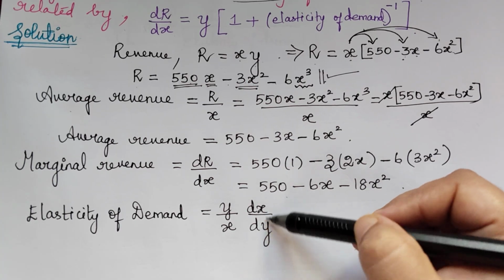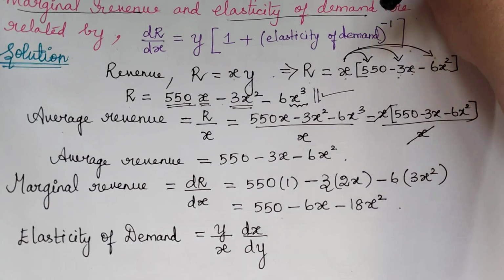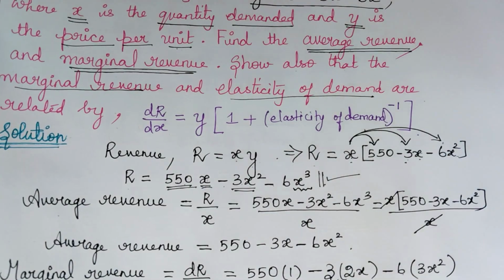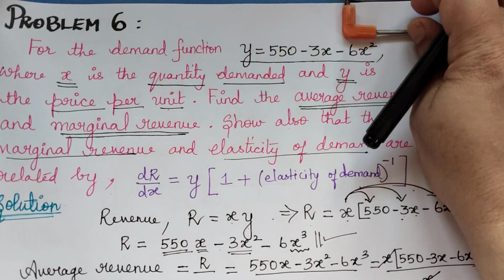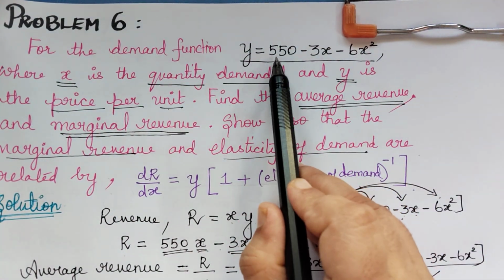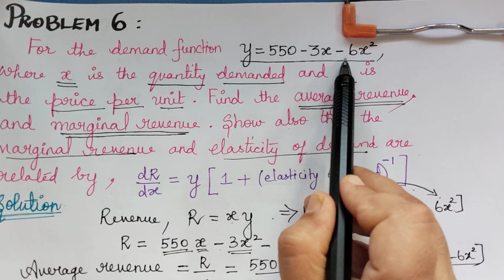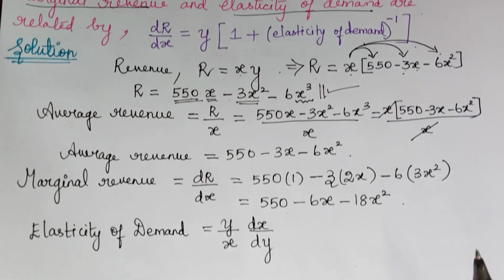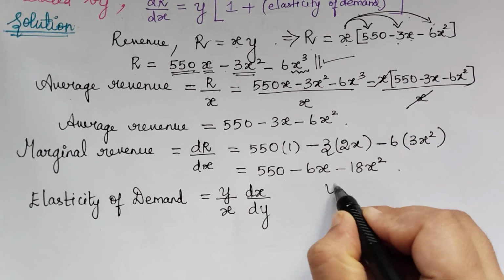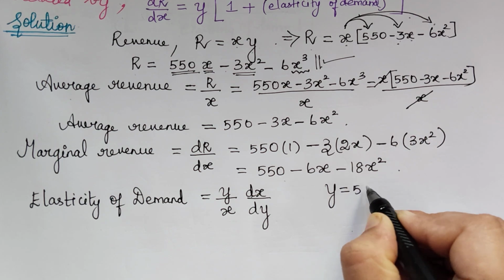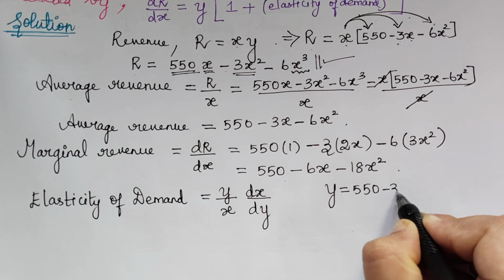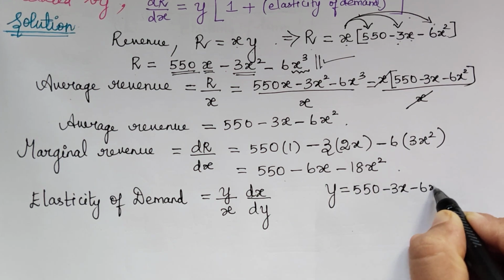So this has to be found from the demand function given in the question. It is y equal to 550 minus 3x minus 6x square.